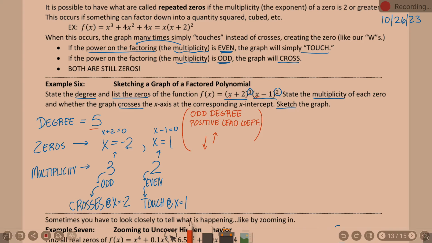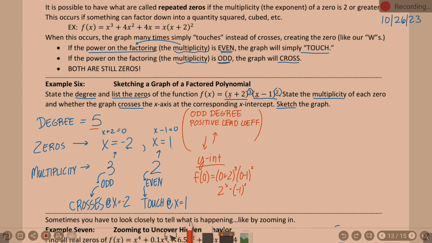The other thing we've kind of talked about a little bit in this lesson, could you find your y-intercept pretty easily? How do we find a y-intercept? 0 in for x, yes? So if I plug 0 in for x, so f of 0, 0 plus 2 to the 3rd, 0 minus 1 to the 2nd, what are we going to have there? 2 to the 3rd and negative 1 to the second. 2 to the third is 8.